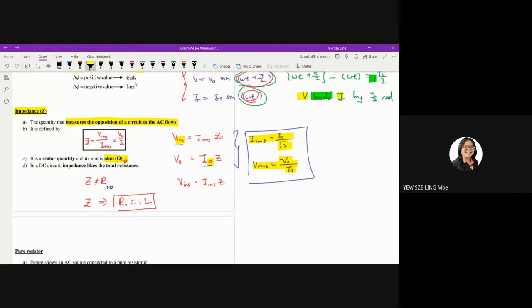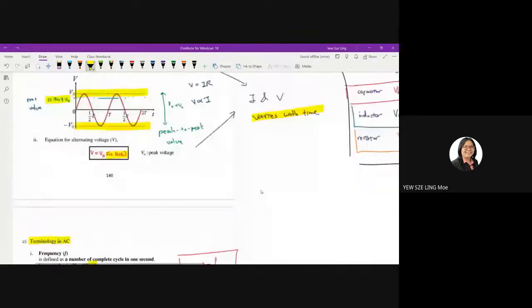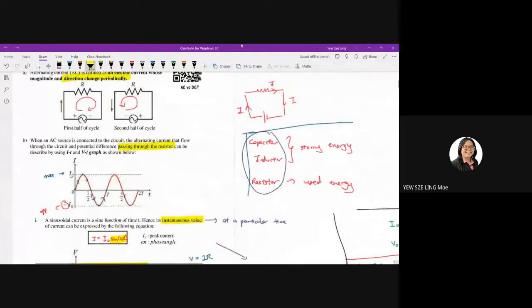Now, why can't we call all three components' opposition a resistance? Because this one need to go back to the first slide. Like I told you just now, resistor uses energy. But capacitor and inductor, they just store energy. So you cannot call them resistance.